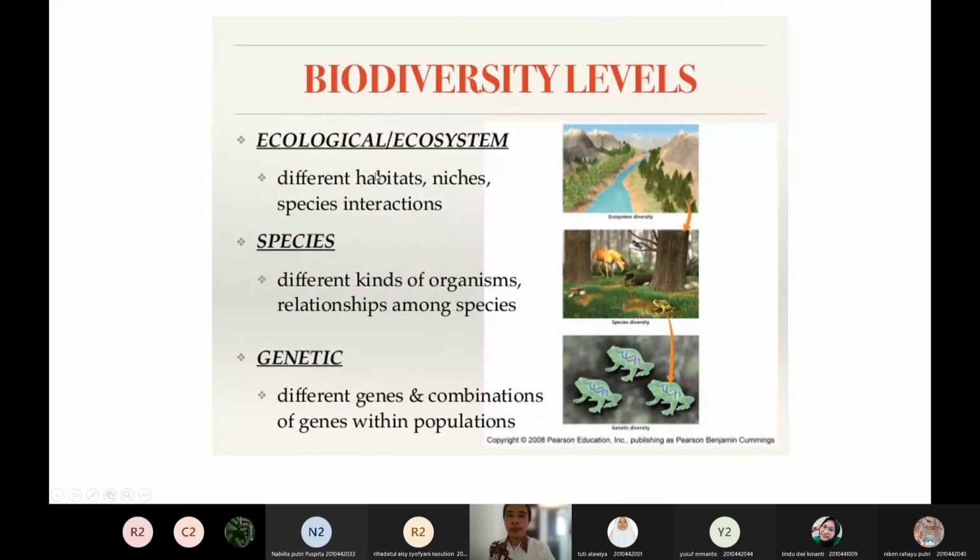So talking about biodiversity, there are three levels of biodiversity. From the very lowest level, I bet that you have also learned it during your previous study, within the same species, individuals within the same species, like us humans, or frogs, there is also diversity at the genetic level.